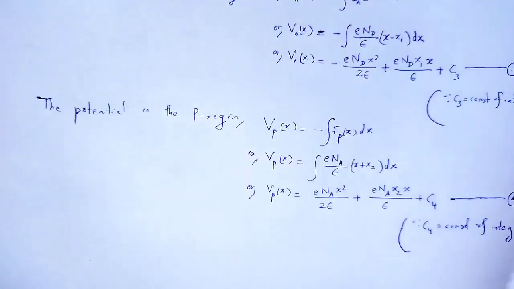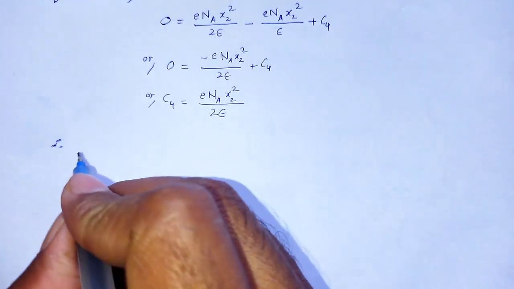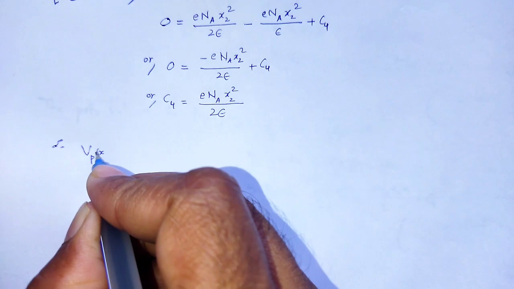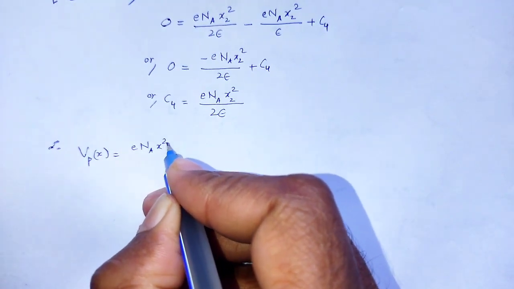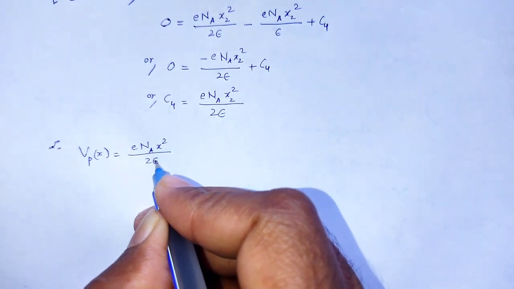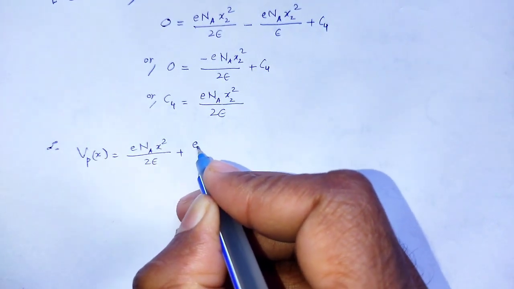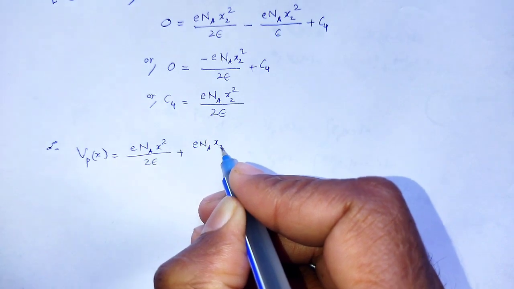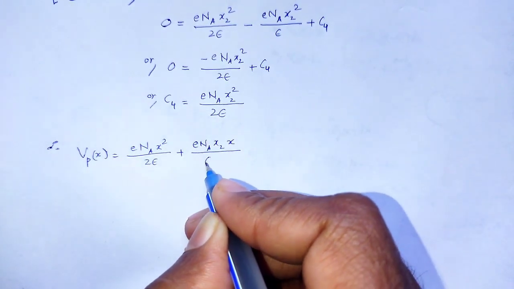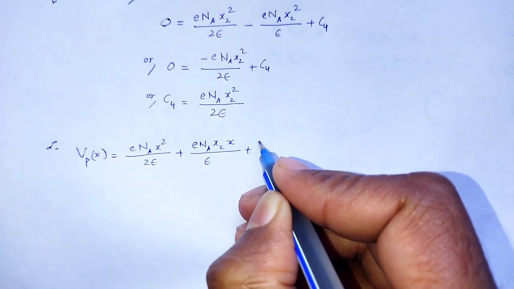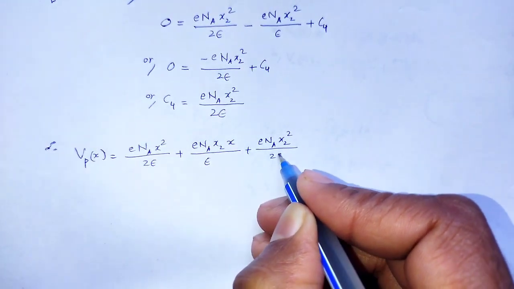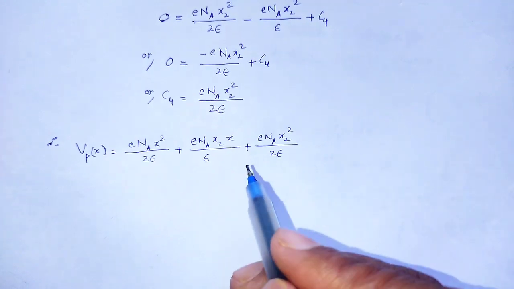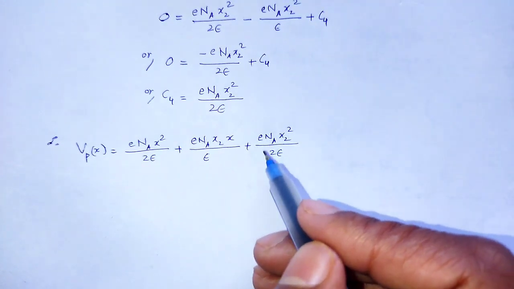Therefore, equation number 6 changes to Vp of x is equal to E Na x square divided by 2 epsilon plus E Na x2 x divided by epsilon plus E Na x2 square divided by 2 epsilon. The value of C4 here we put.